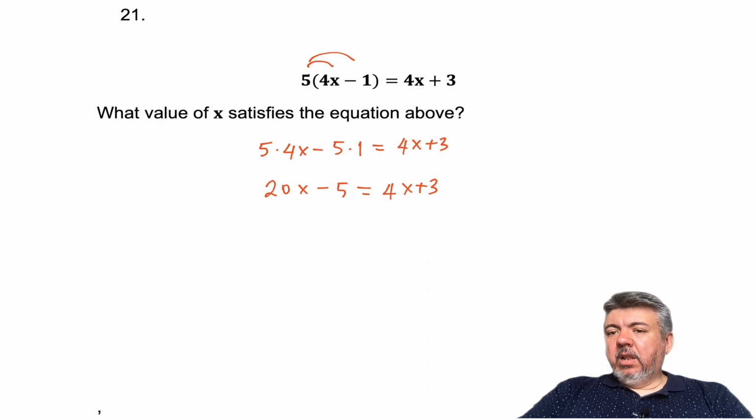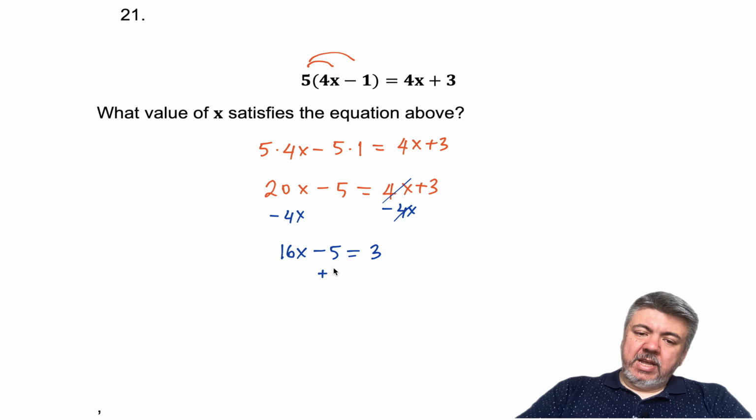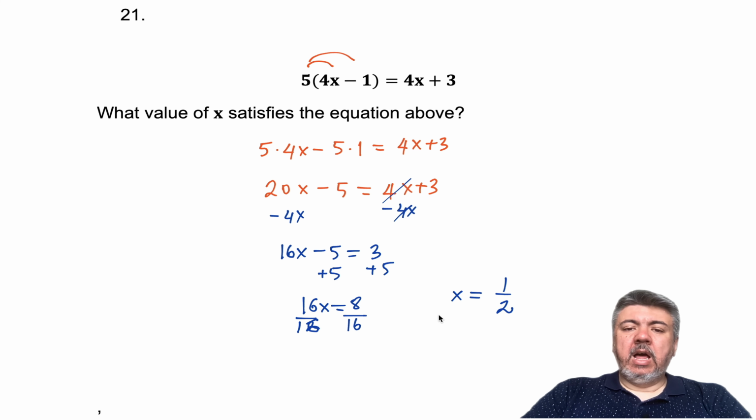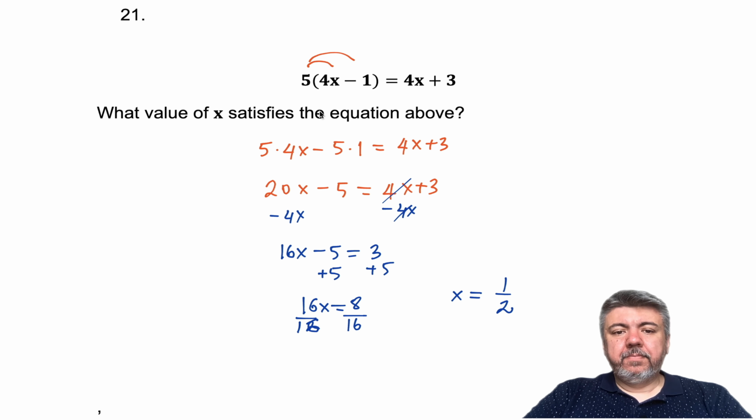Now I need x alone, so minus 4x on both sides. It's like 16x minus 5 is 3. So add 5 to both sides. It's 16x equals 8. And divide by, no, not 2, divide by 16. It's going to be x equals 1/2. So that's the x value we're looking for.